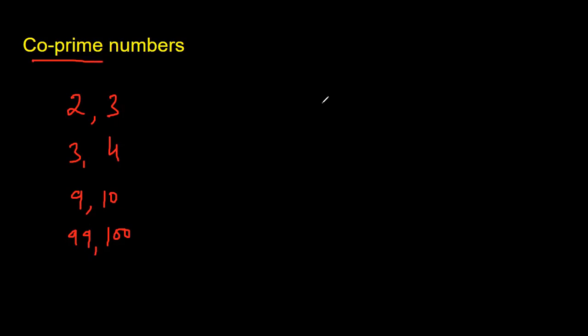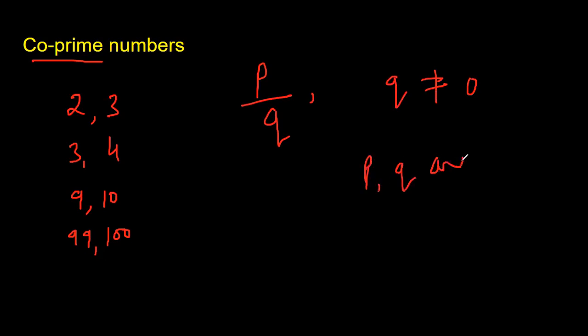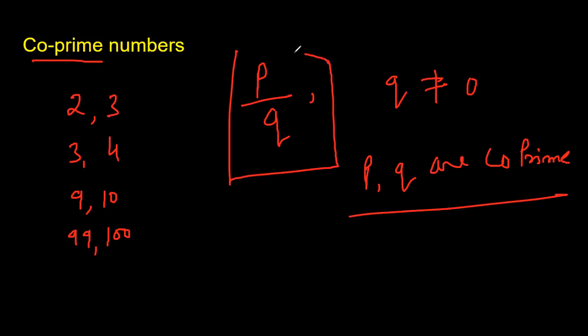Whenever we want to represent a unique rational number in the form of p by q, we make sure that p and q are integers, q is not 0, and p and q are coprime.